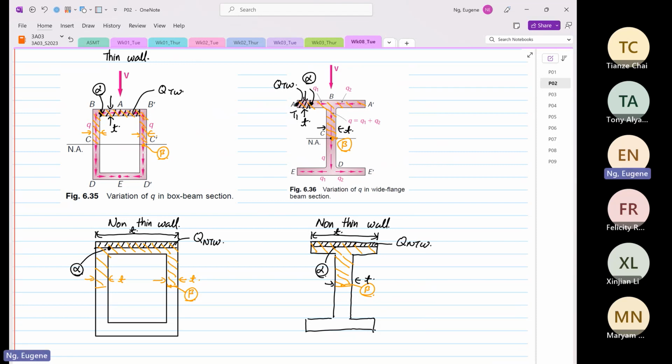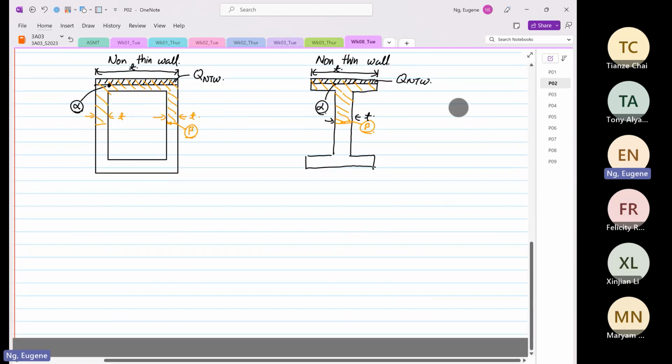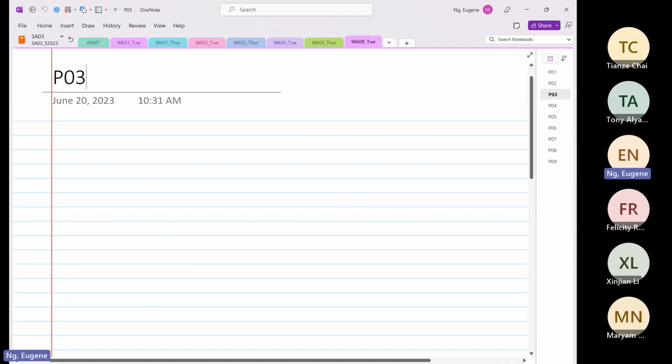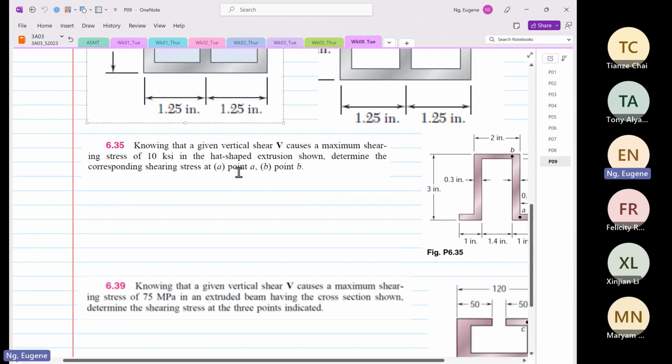So the next one, I'm going to do an example. This is a difficult example, and I'll tell you why. I picked the most difficult example because from this example you learn a lot.